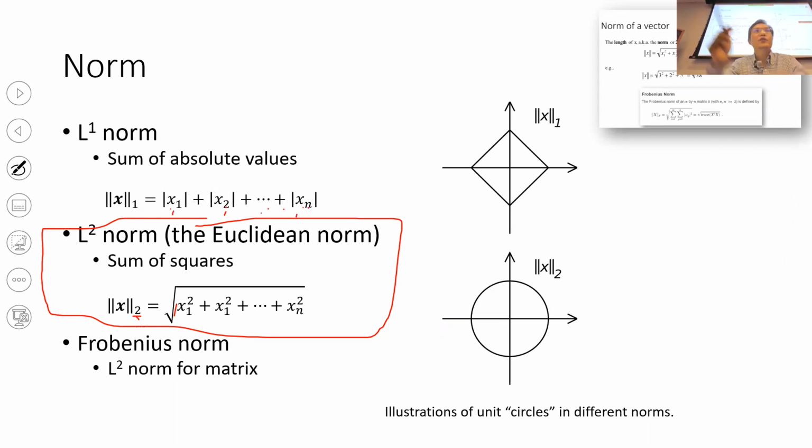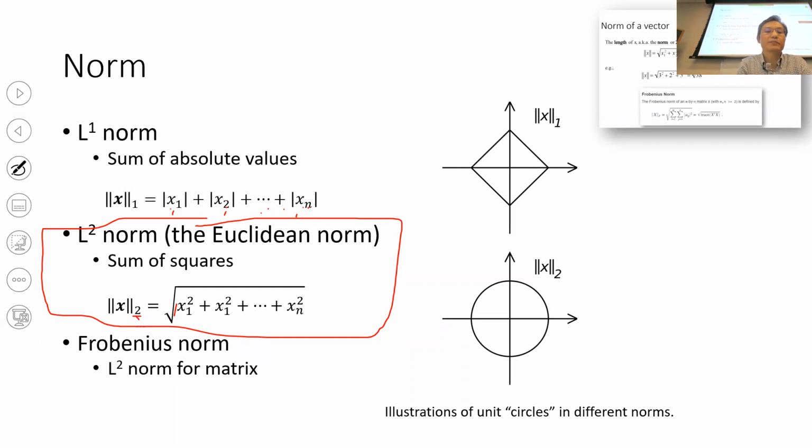So if you have a vector, what's the L1 norm for this vector? You just take the absolute value of x1 plus the absolute value of x2. You have to do the absolute value first, so that's the sum of total absolute values. The Frobenius norm is for matrices.